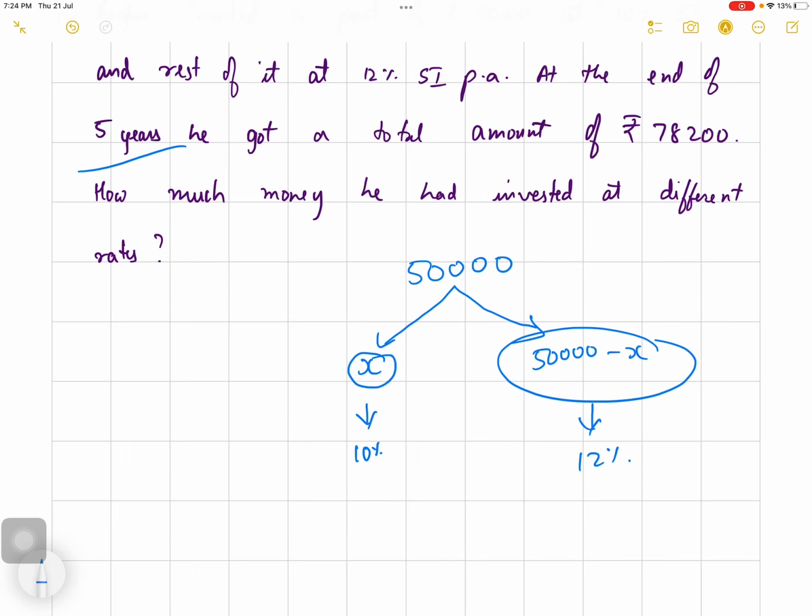Let my P be x in the first case. I'll name it case 1. This is my P1, this is my R1. This will be my P2 and this is my R2. So let's start.